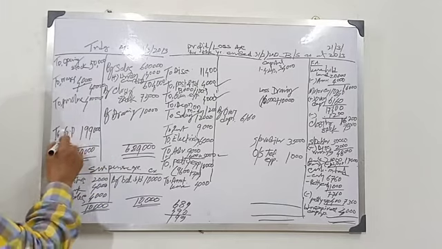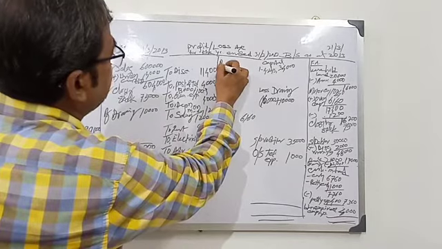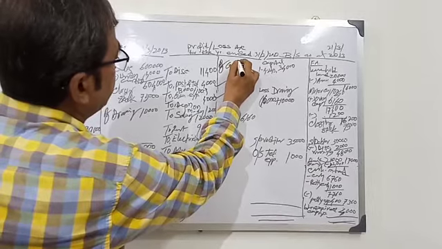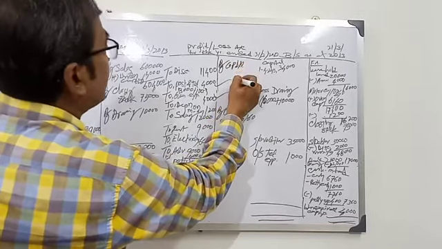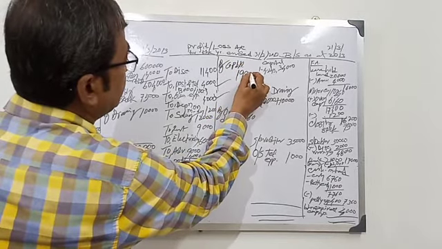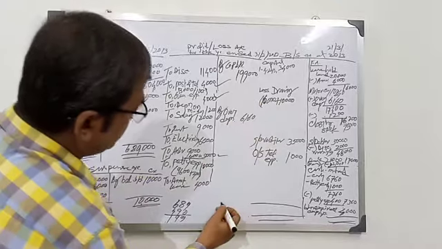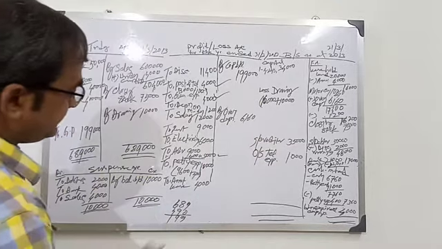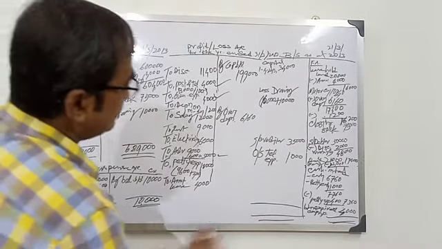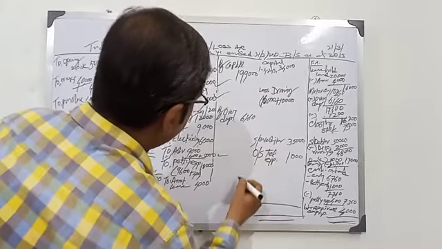Gross profit brought down, 1,99,000. Indirect income 6,160.